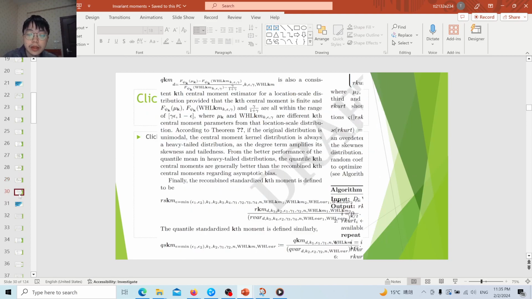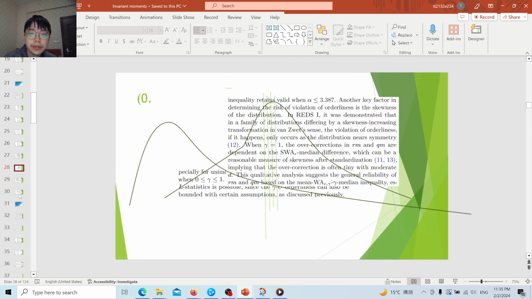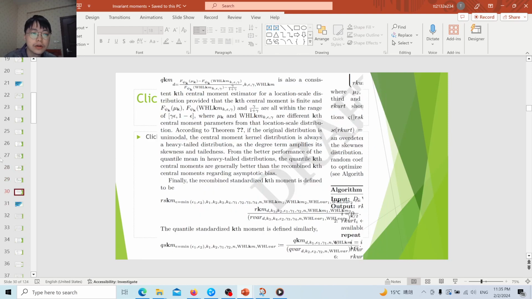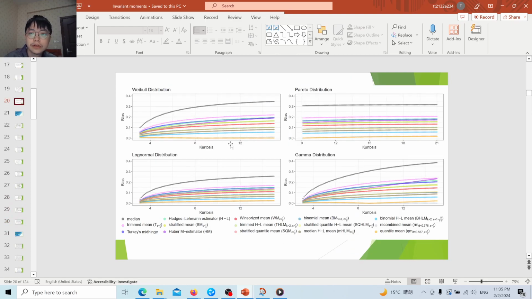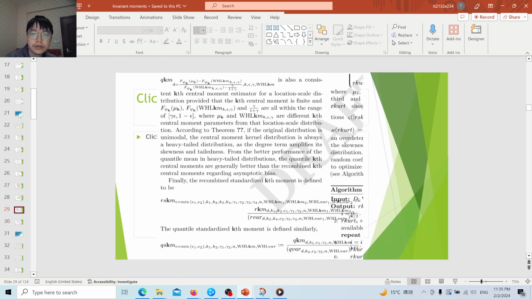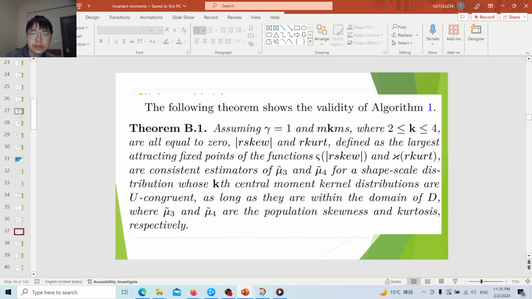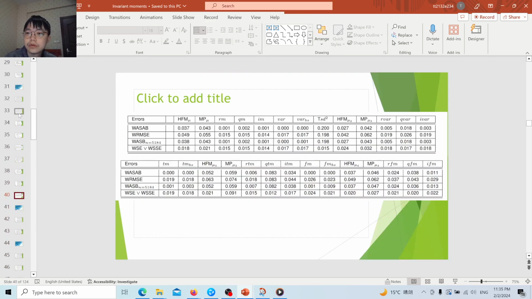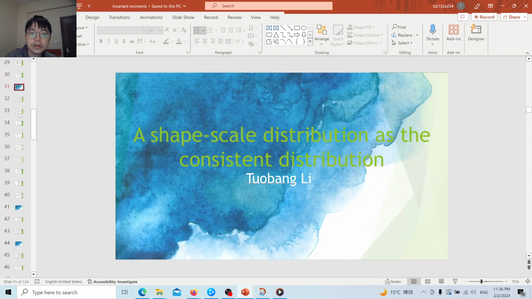And here, there's an issue: as I said, the quantile mean and recombined mean are already optimal for estimating the mean for the exponential distribution, because of the unique structure of this distribution. However, if you consider higher central moments, the result, not shown here, is generally not as desired.